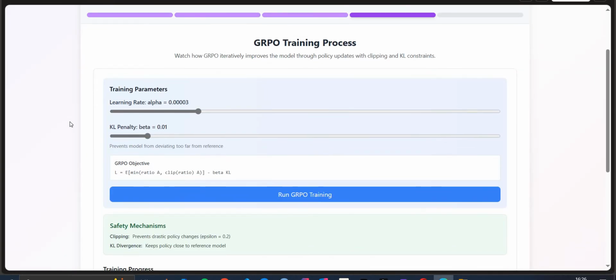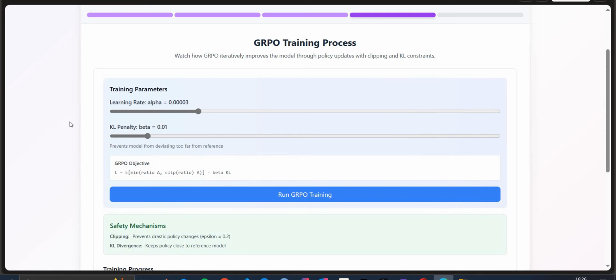When we talk about the GRPO training process, what we are really describing is how the model updates its behavior over time using reinforcement learning. In the interface you see here, there are two key hyperparameters that guide this process: the learning rate, which we call alpha, and the KL penalty, which we call beta.